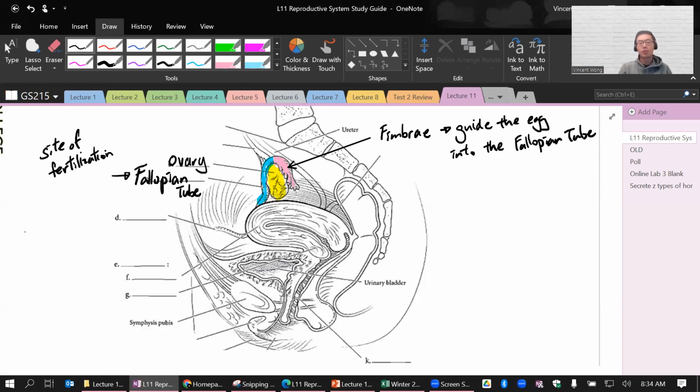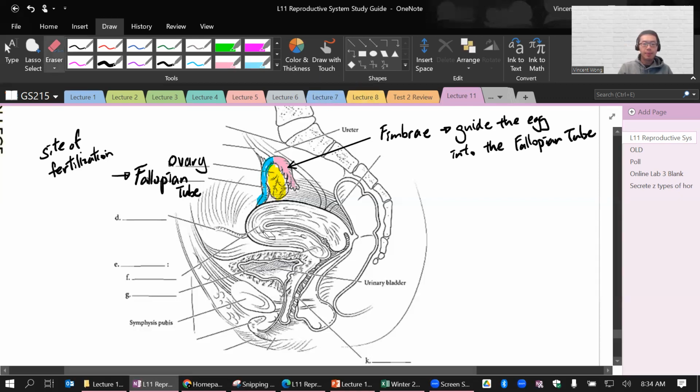Ectopic pregnancy occurs when the fertilized egg implants itself elsewhere in the reproductive system instead of the uterus, and that's very dangerous for the female, because it could irreversibly damage the reproductive system if not dealt with quickly.